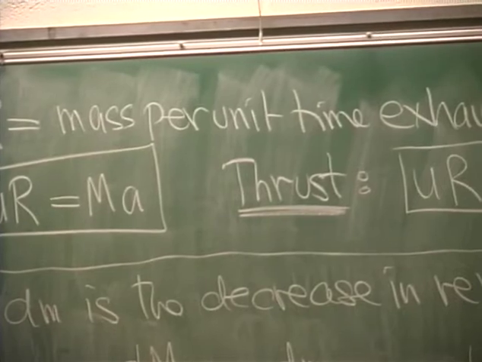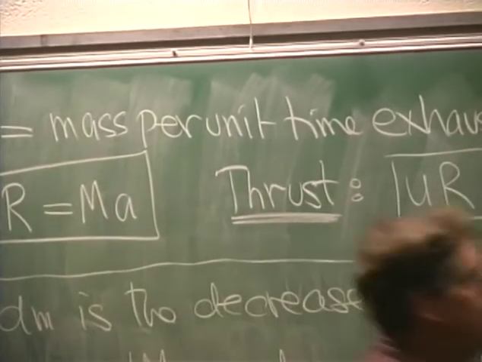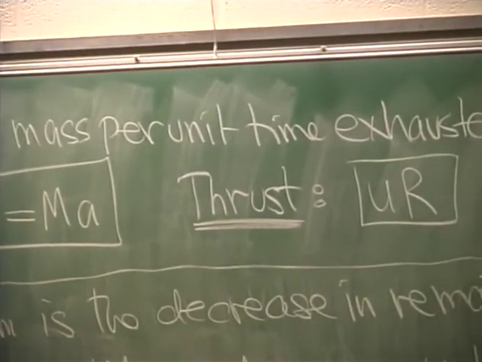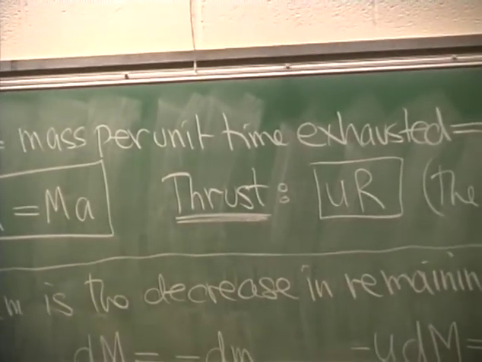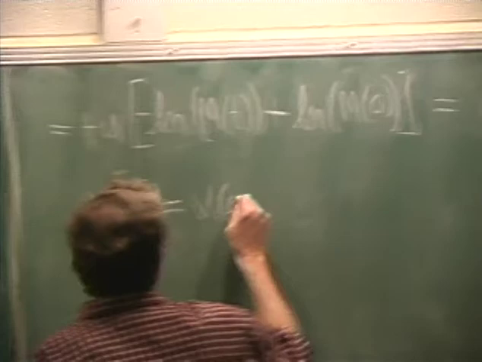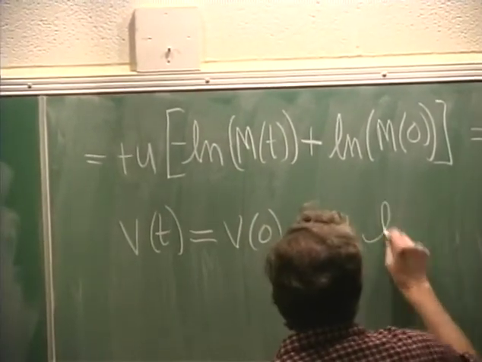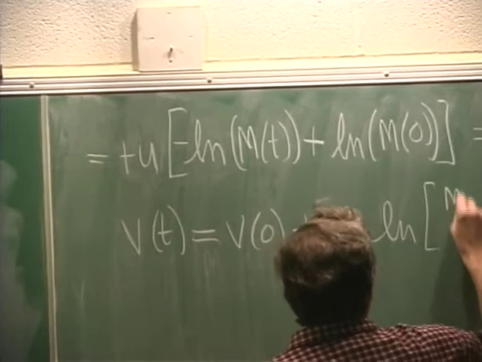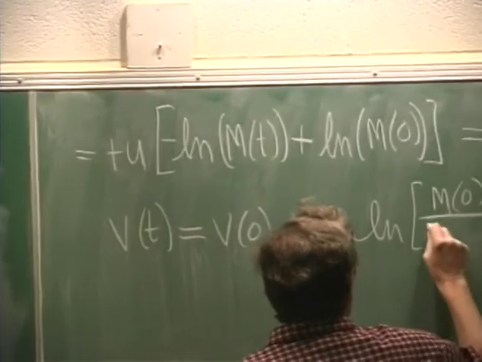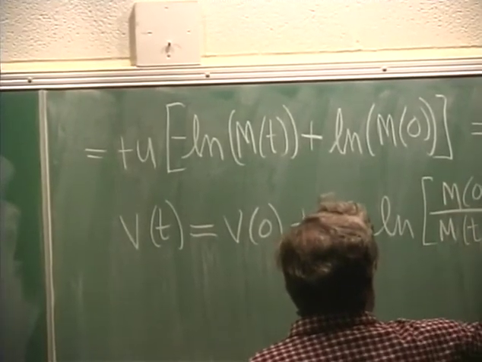Where is this guy heading? Well, I've now got you a formula for the velocity of the rocket as a function of time. Pulling this over to the other side, it's the velocity of the rocket at time t equals 0 plus u times the logarithm of the mass at time t equals 0 over the mass at time t.